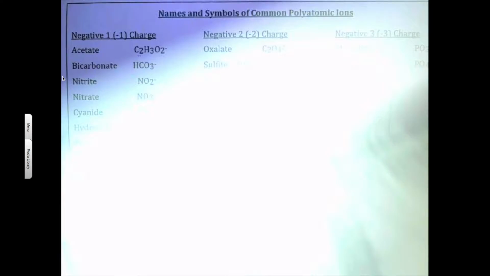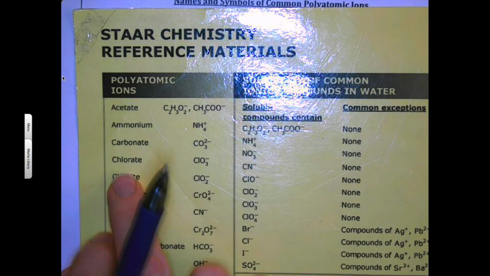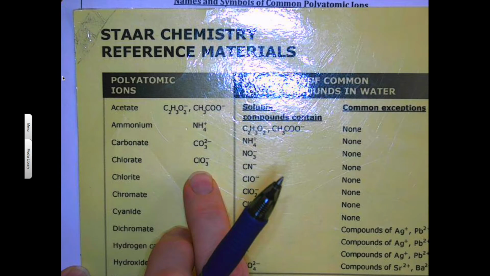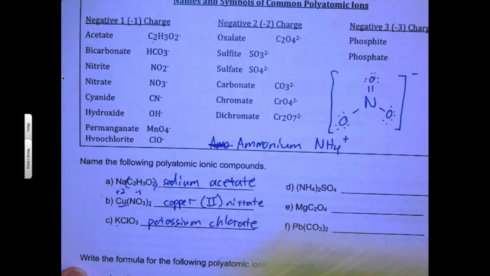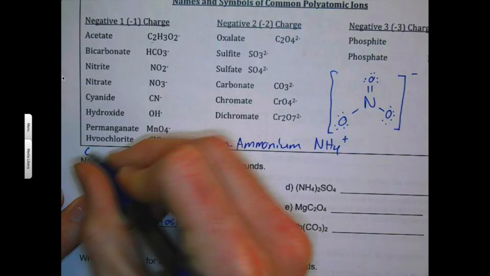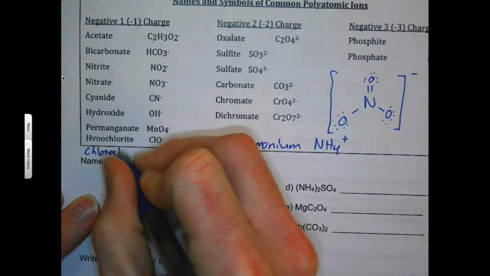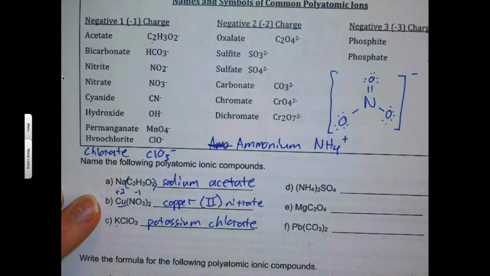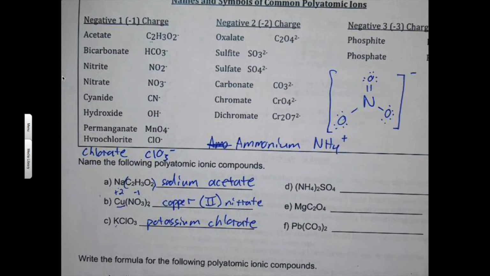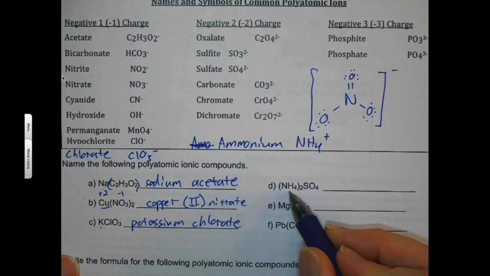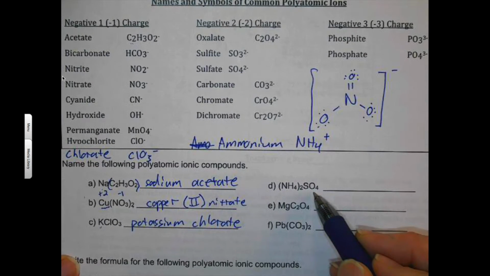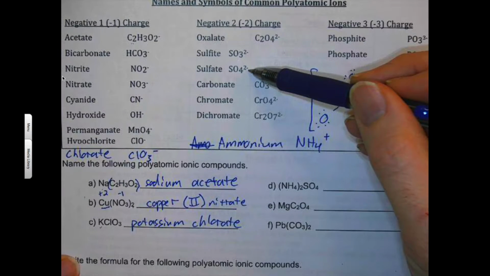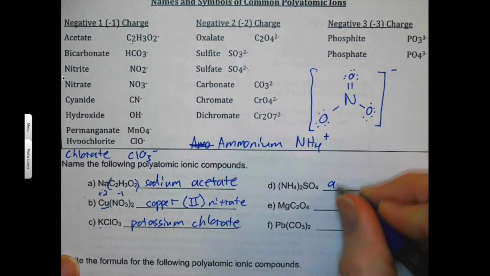That's annoying. Potassium chlorate is right there. ClO3 right there. So let's add chlorate, ClO3 minus. Hopefully we get them all. So here is NH4. So that's ammonium, and then there's SO4. That's sulfate. So we're going to call this ammonium sulfate.